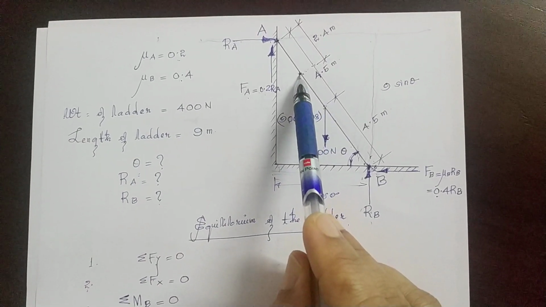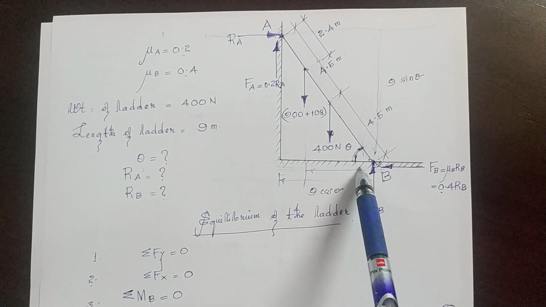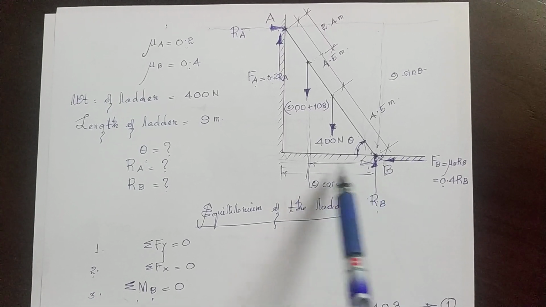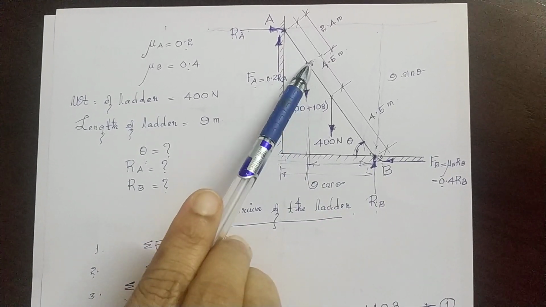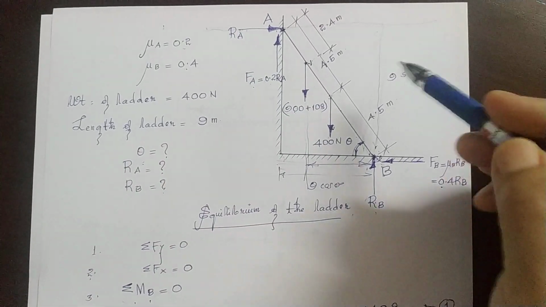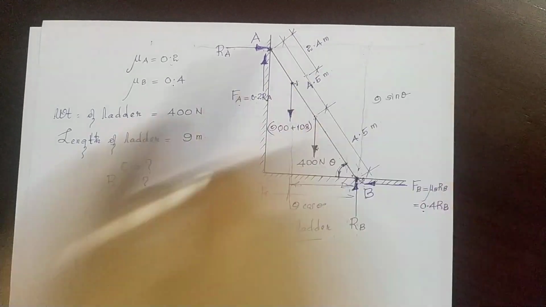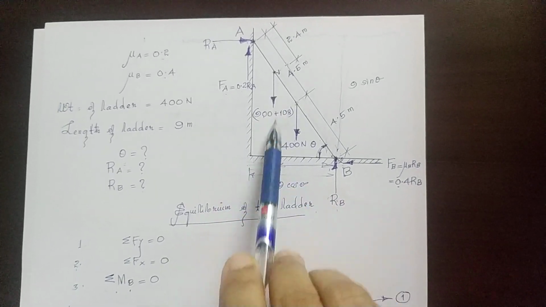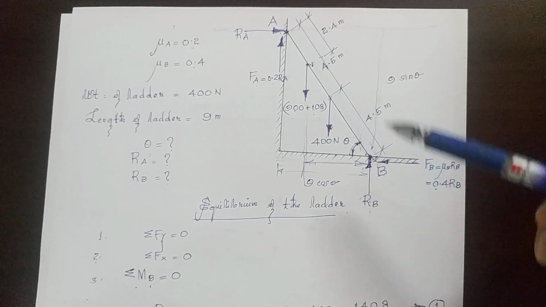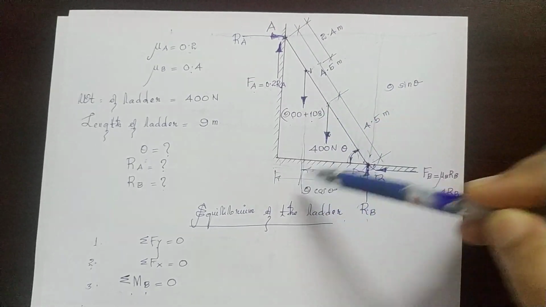And to take the moment of this force, you need to find this perpendicular distance from the line of action of the force to B. What is this? Consider this distance. This is 2.4 and the total is 9, which means that the balance is... Now, in order to take the moment of 1008 about B, you need to find the perpendicular distance between the line of action of this force and this point.